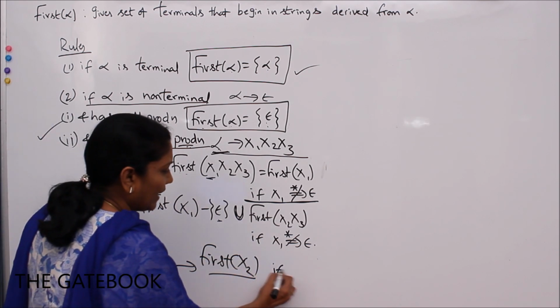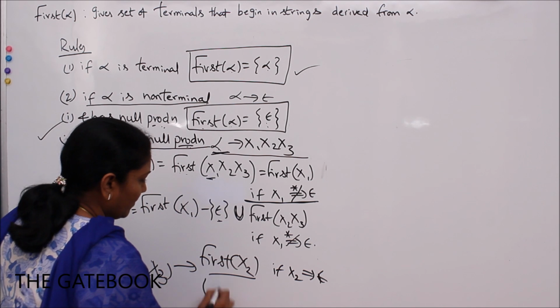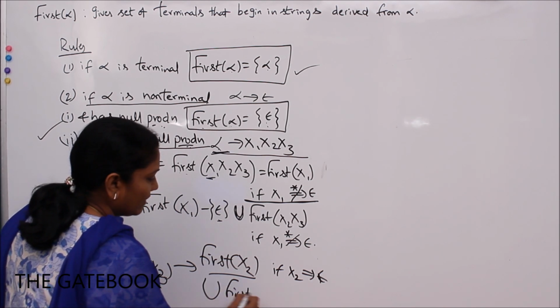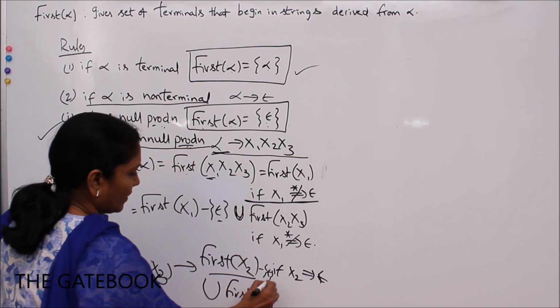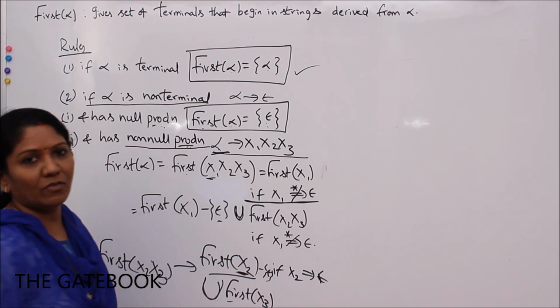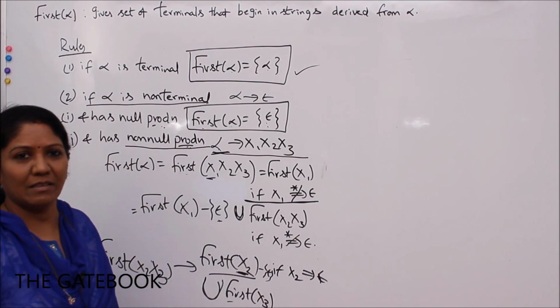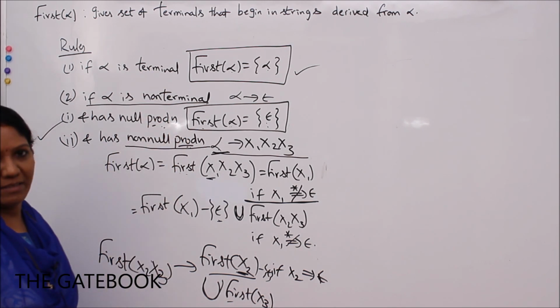If at all x2 derives to epsilon, add even first of x3. Don't add epsilon. Let's try to understand this procedure by taking an example.